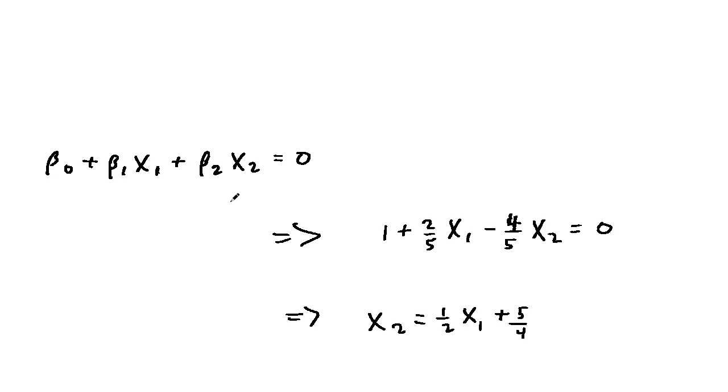Our hyperplane is given by this formula here. Plugging in the values for beta 0, beta 1, and beta 2, we get this. Solving for x2, we get this equation. Now let's take a look at the graph of this line here.